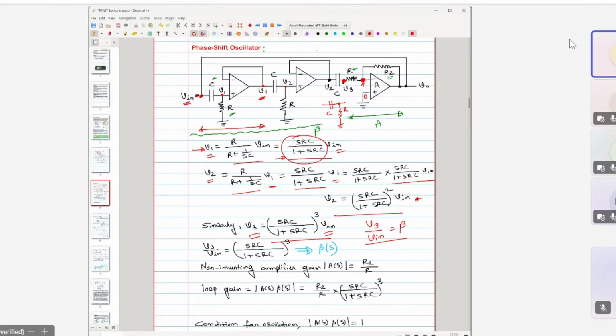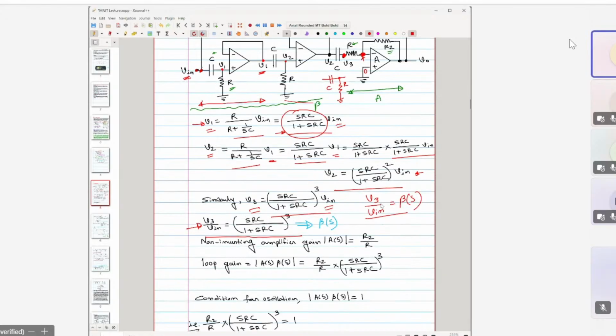It is this part, right? And we have denoted it using beta. So this is nothing but the frequency selective network transfer function. It would be given as SRC by 1 plus SRC cube, right? So we are able to find the expression of beta.